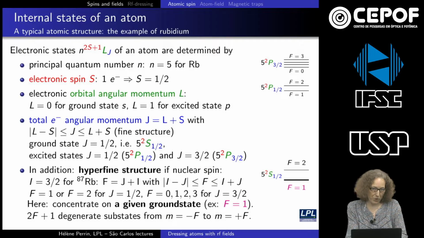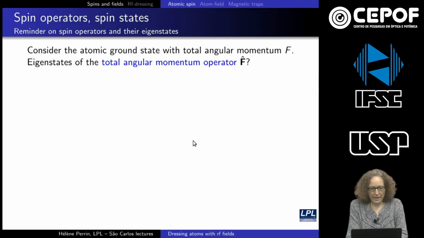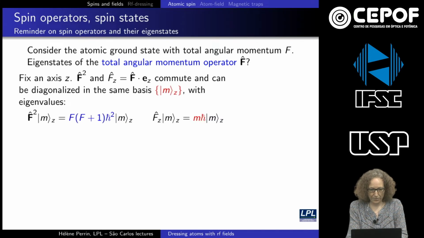So let's look more closely at the eigenstates of this ground state, F equals 1. So we consider the atomic ground state with a total angular momentum F, and we wonder what are the eigenstates of this total angular momentum operator.